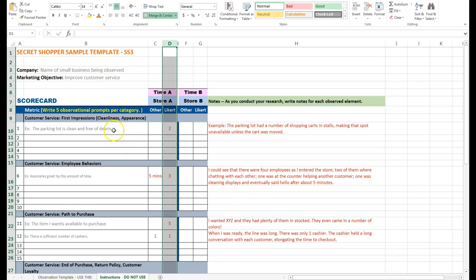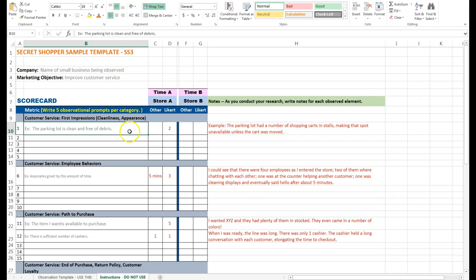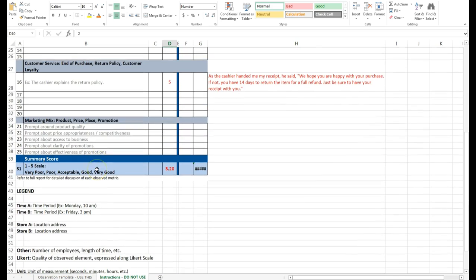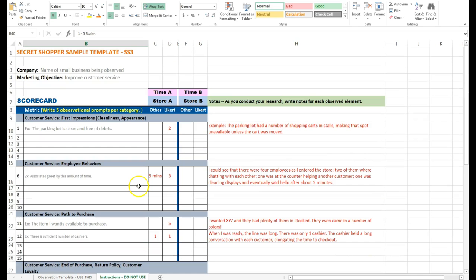Okay, so for example, in this case, it says the parking lot is clean and free of debris, and from a scale of 1 through 5, because that's the scale we're using, Likert scale 1 through 5, 1 is very poor, 2 is poor, acceptable is 3, 4 is good, and 5 is very good, or derivatives of the same meaning, 1 being far less optimal, 5 being optimal.